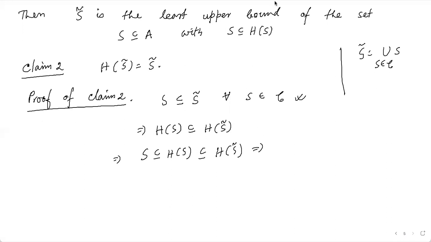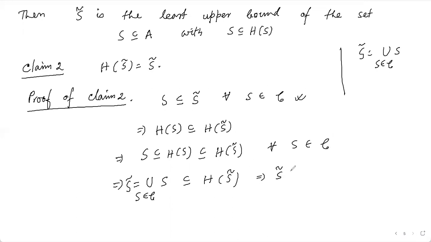This happens for all S belonging to script C, and therefore the union over S belonging to script C is a subset of H of S tilde, and this is nothing but S tilde. So we have S tilde subset of H of S tilde. So in particular S tilde belongs to script C.